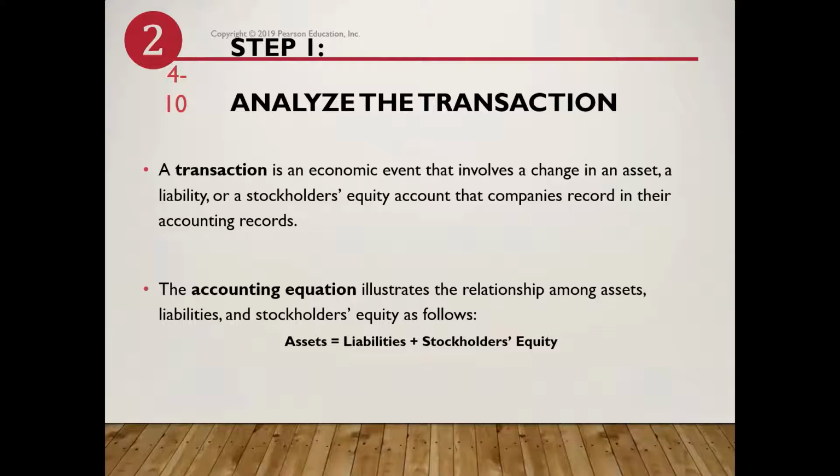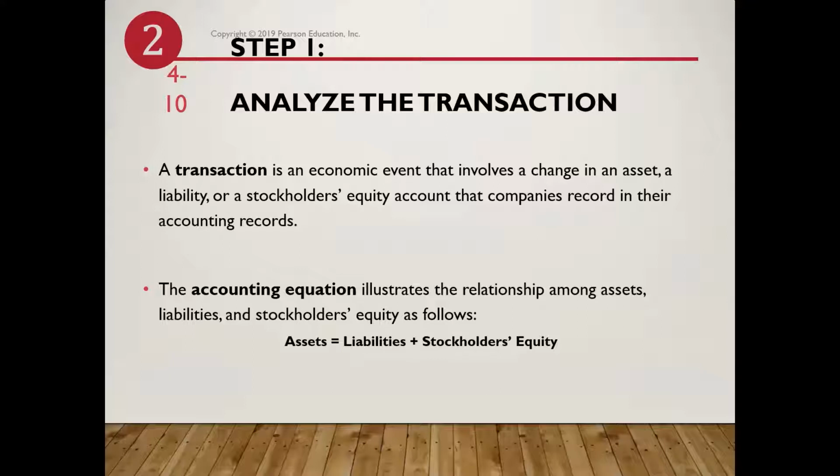The accounting equation demonstrates that creditors and owners have claims to a company's assets. In analyzing the transaction, you're reviewing the source document to determine the dual effect on the accounting equation and the specific elements involved.